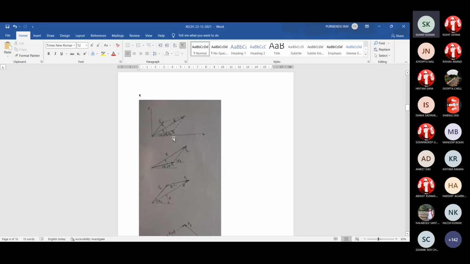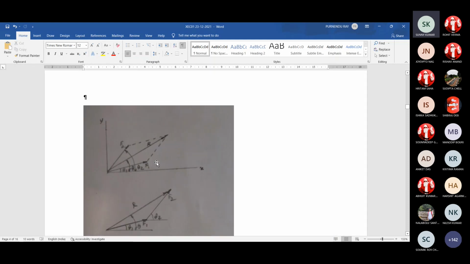Here for X and Y direction, not necessarily they will be horizontal and vertical. We can take any direction. Suppose the line along the direction of F1, we consider a direction U. And through this point, we draw a perpendicular, suppose that is the axis V.